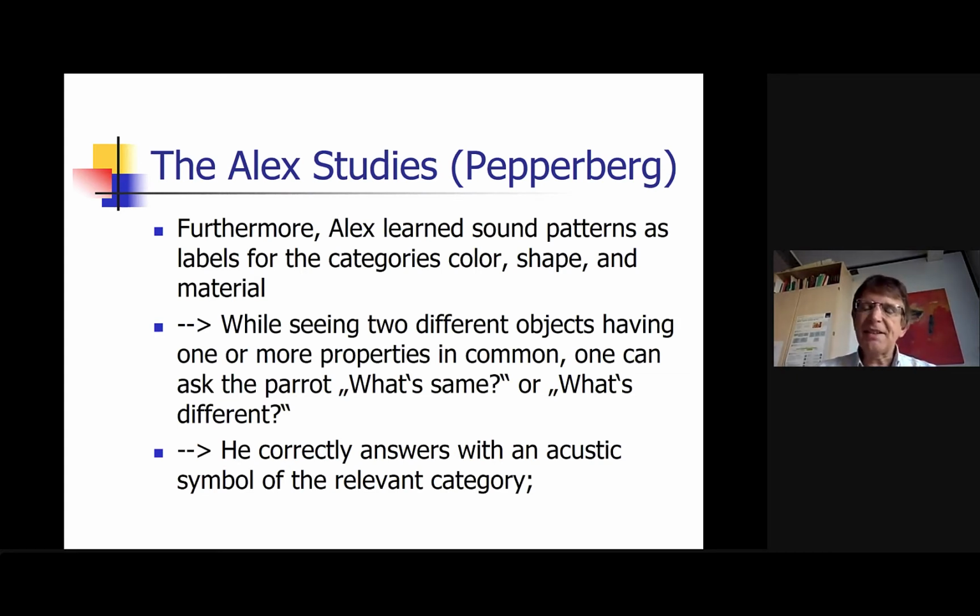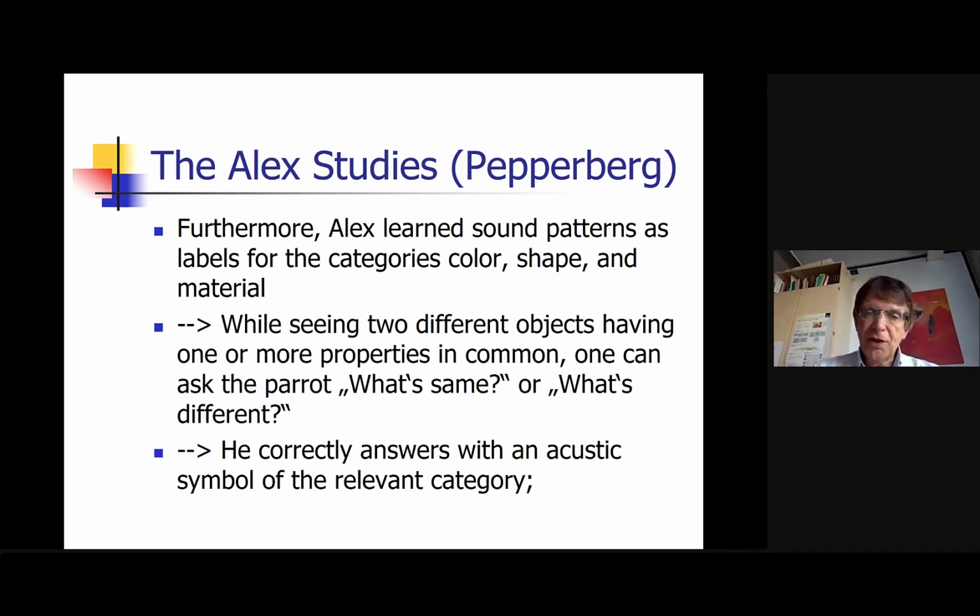So this nicely shows that he is representing red as a color and is also accounting for the additional signals in the form of the questions, what's same, what's different. So the four criteria are in the case of the Alex studies nicely implemented.